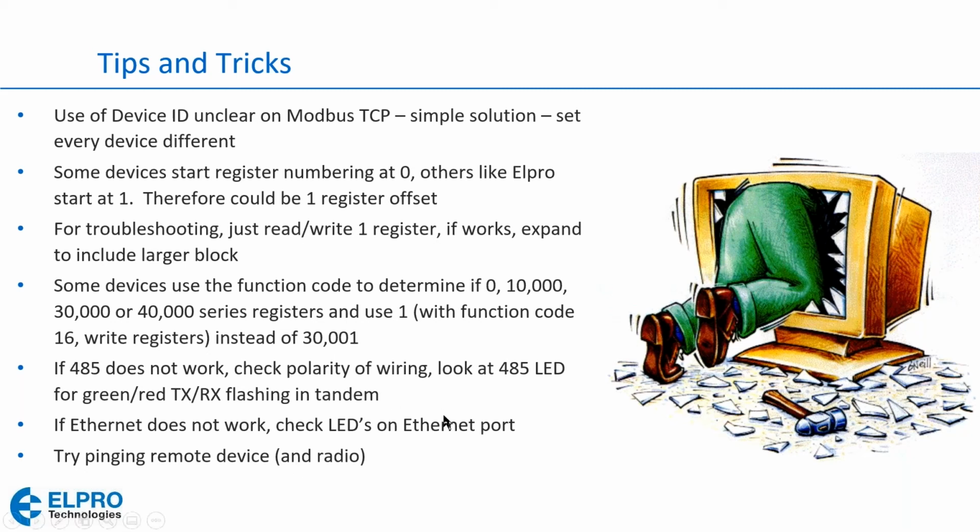And then lastly, with Ethernet devices, try pinging everything just to make sure you can still get through. So try pinging the remote device, try pinging the radio, and once we've confirmed we know what our IP addresses are for everything, we'll be a lot closer to getting the network up and running.